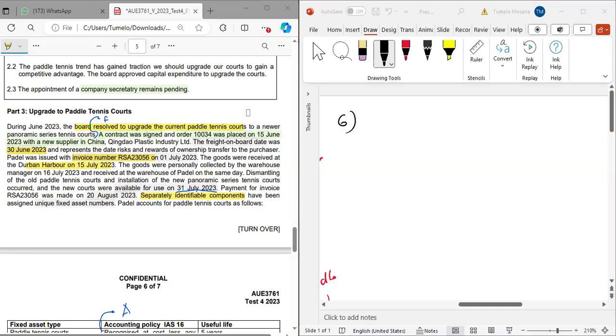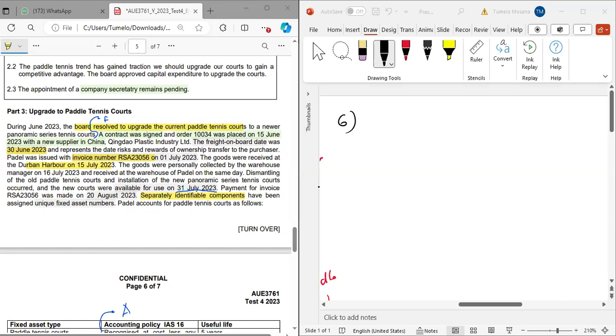Okay, so now let me move on to the other one, right? So what I can do with this delivery note that I am provided with? What I would want to check is the date of the delivery. As the auditor, I want to check whether they have received these goods on this particular date.